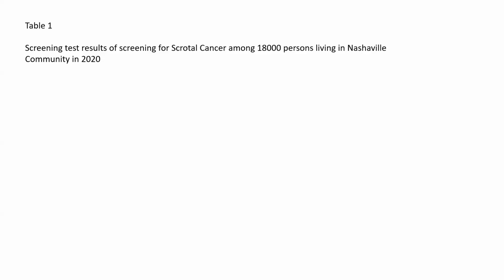So we can use the variables of epidemiology, people, place, and time to help us formulate our titles. The people were those screened for scrotal cancer, the place, Nashville, and the time is 2020.